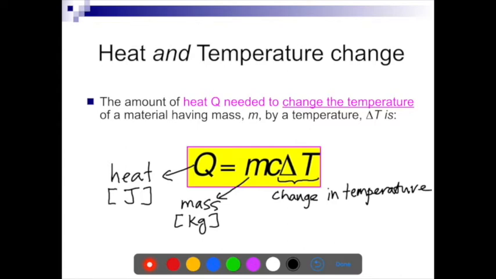And the change in temperature is defined as the final temperature minus the initial temperature. Now the units of delta T can either be in degrees Celsius or Kelvin.